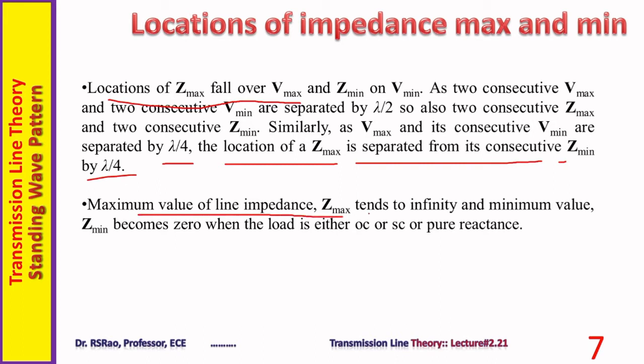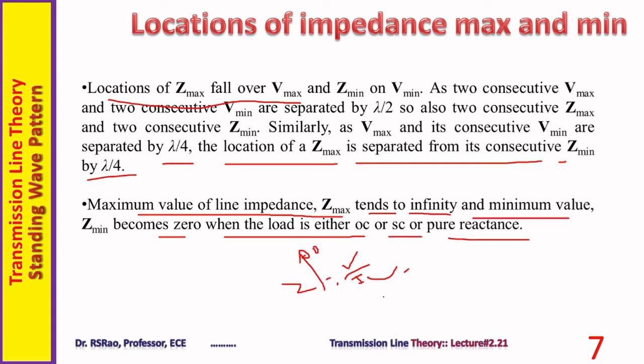Maximum value of line impedance tends to infinity and minimum value 0 when the load is either OC, SC or pure reactance. Z is V by I. If current assumes 0 value, Z becomes infinity. I minimum, V maximum. If I minimum is 0, then Z is infinity. I minimum is 0 when termination is OC, SC or pure reactance. So only in these three cases, Z is infinity.